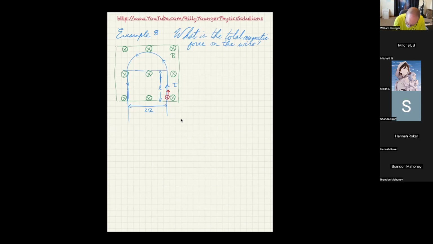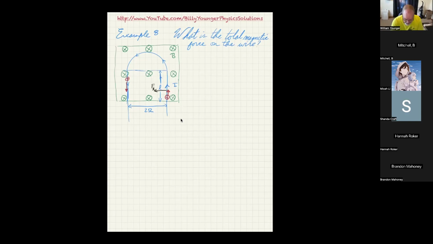So in this case, I have F right, which should, for all intents and purposes, be exactly the same magnitude as F left whenever we figure out what that is. Now I've got to do the same thing for the left-hand side. In this case, again, I have a positive particle, but this time its velocity is downward.